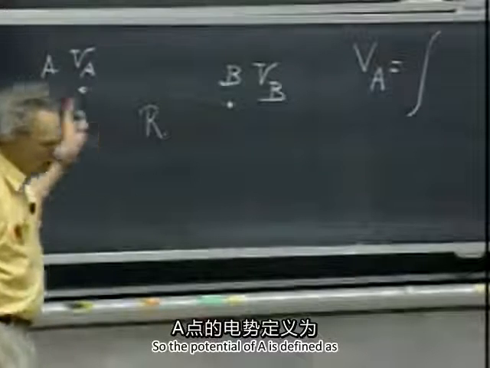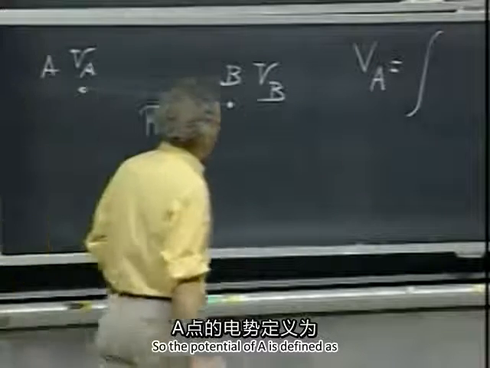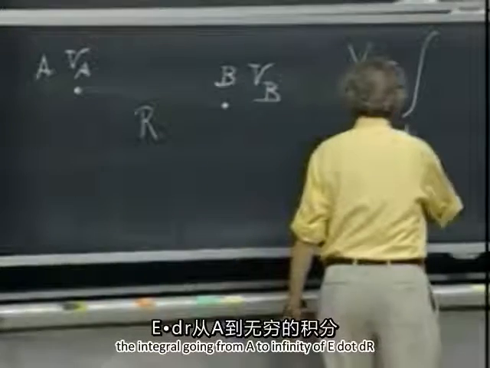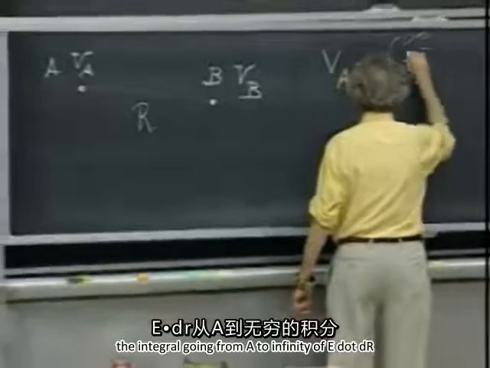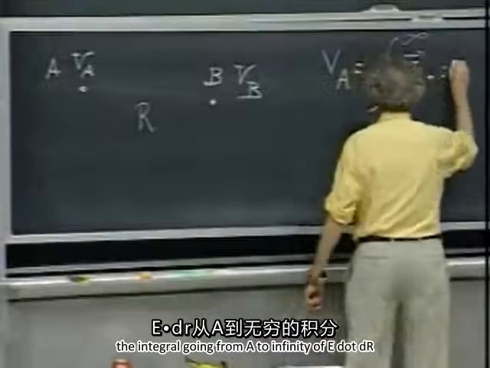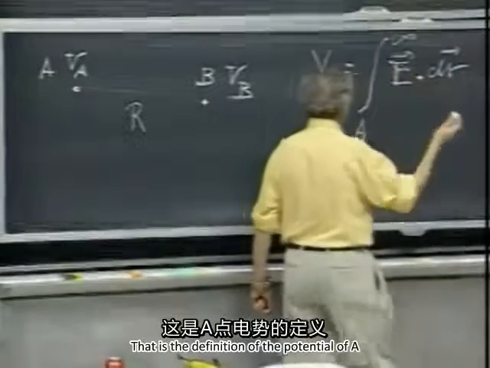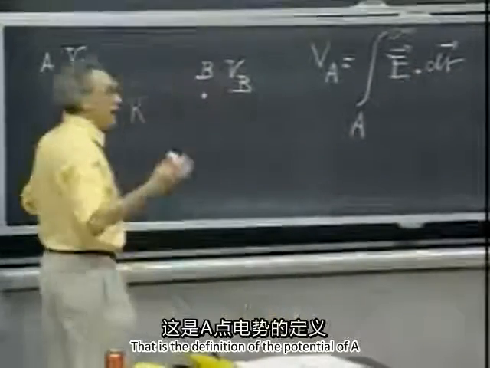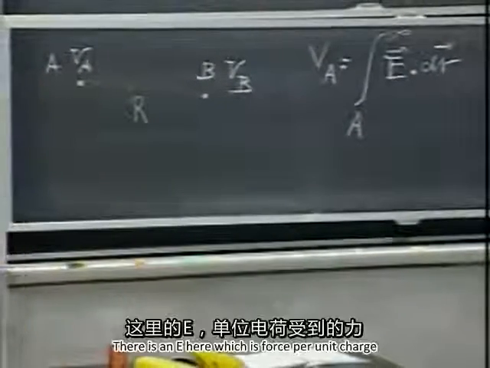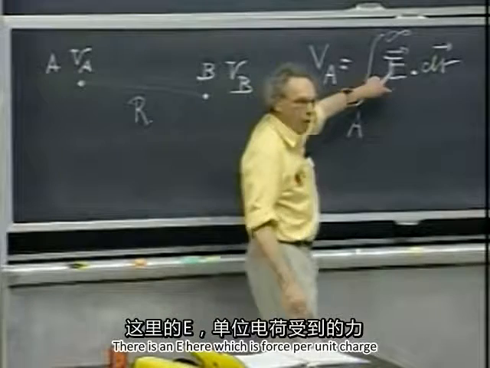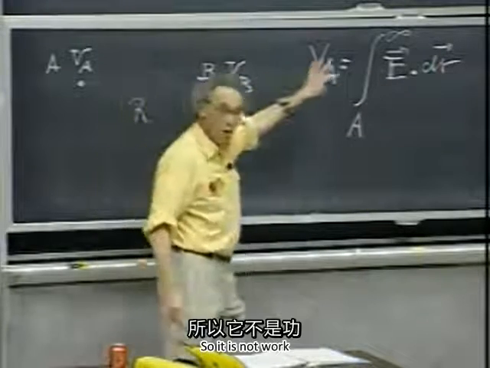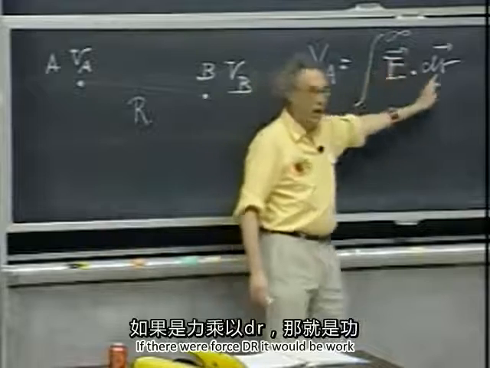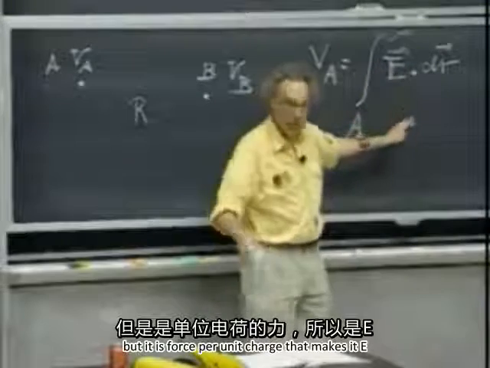By definition, the potential of A, as we discussed before, is the integral going from A to infinity of E dot dr. That is the definition of the potential of A. There's an E here, which is force per unit charge. So it is not work. If it were force dot dr, it would be work, but it is force per unit charge that makes it E.